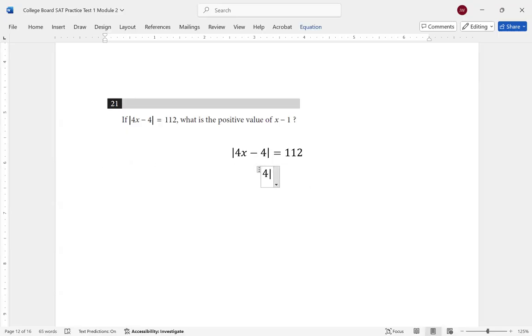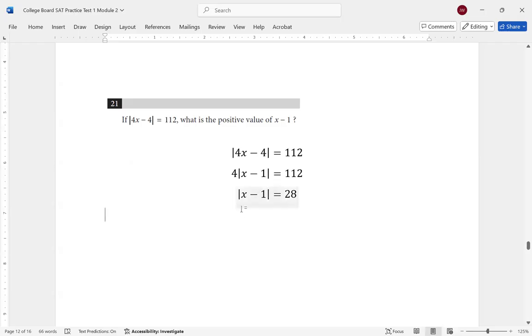We get 4 times x minus 1 is equal to 112. And then I can divide both sides by 4. When we take 112 and divide it by 4, we get 28. And so what you'd get is the absolute value of x minus 1 is equal to 28.